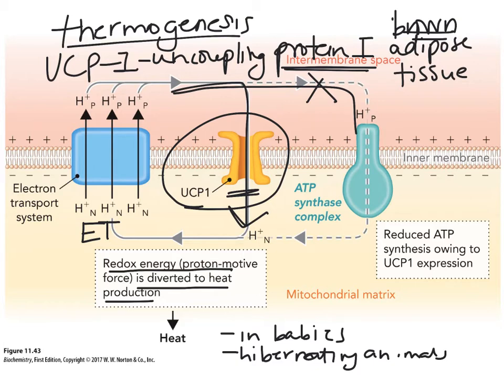So this is how babies in their first couple of months stay warm. And as babies grow, they lose their brown adipose tissue. Hibernating animals have a high concentration of brown adipose tissue, and so they use this mechanism to generate heat while they are hibernating. So uncoupling can be used for generating heat in thermogenesis.